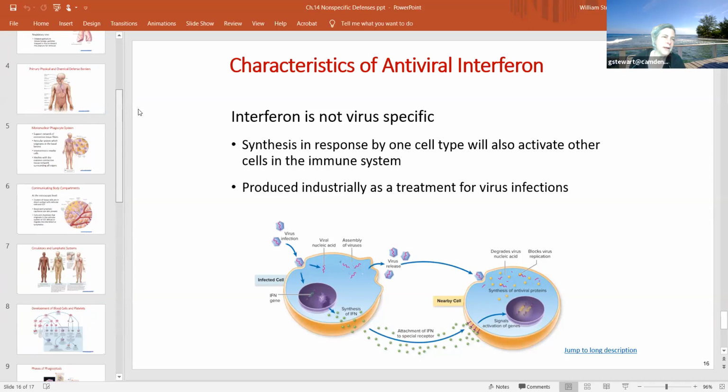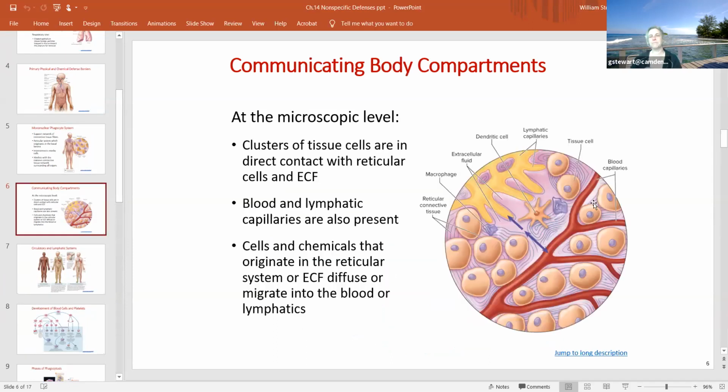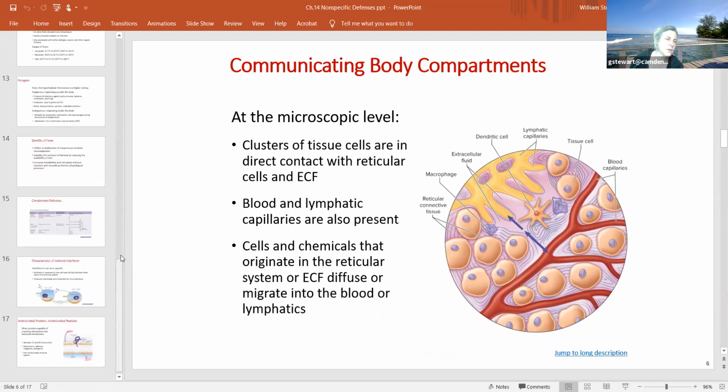So again, if we take a look back to this picture, if one of these cells has been infected with a virus, think about how quickly it could spread interferon to all of these neighboring cells, either through the bloodstream directly or through the reticular fluid here, the tissue fluid.